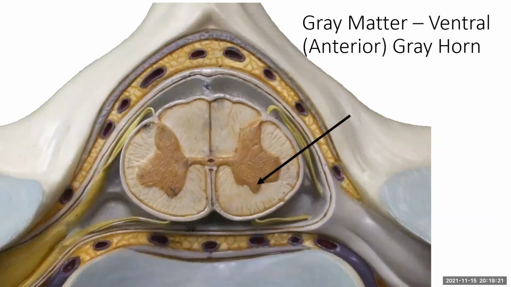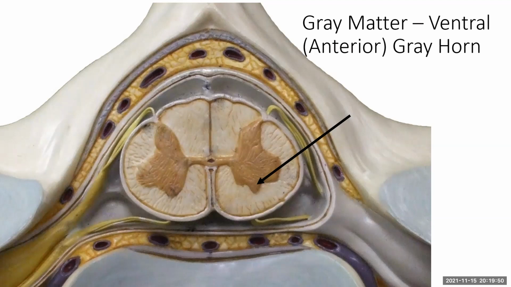And then looking at the gray matter, we have our ventral gray horn or the anterior gray horn. The anterior gray horn contains the cell bodies of the somatic motor neurons, the lower motor neurons from the somatic nervous system. So it's going to be carrying voluntary motor commands out to the skeletal muscle.